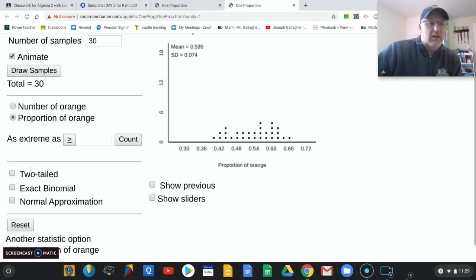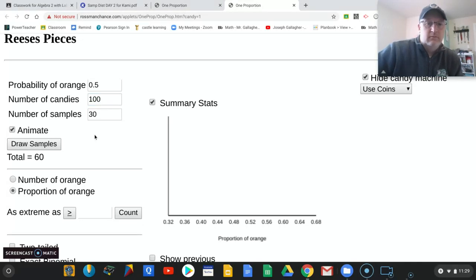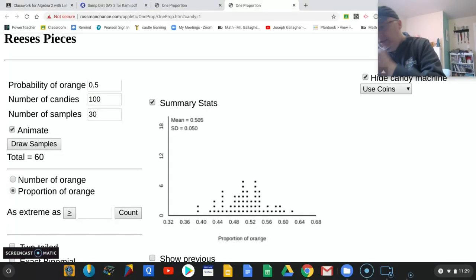So I'm going to go ahead and reset this. I'm going to draw 100 candies this time. And you can see that my mean is 0.505. My standard deviation is 0.050.